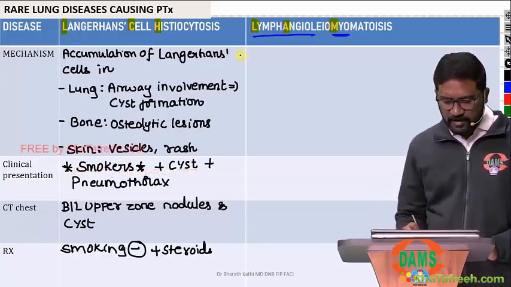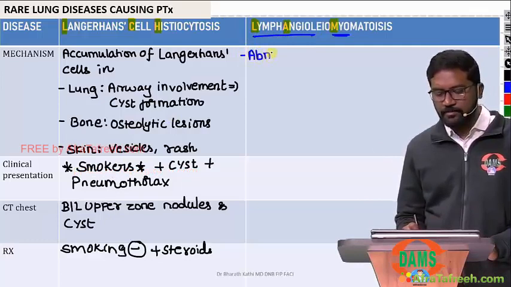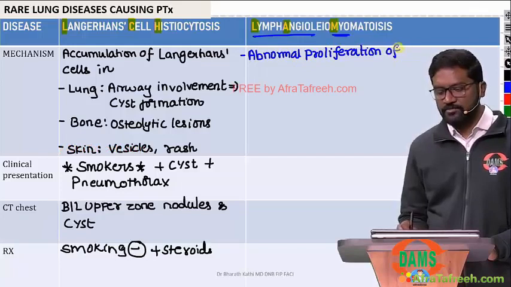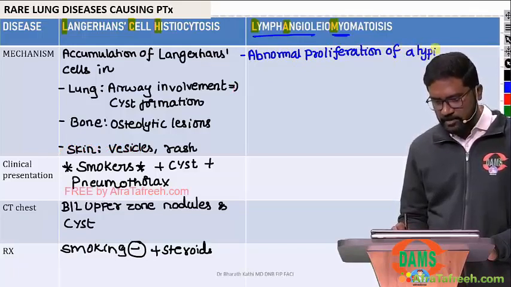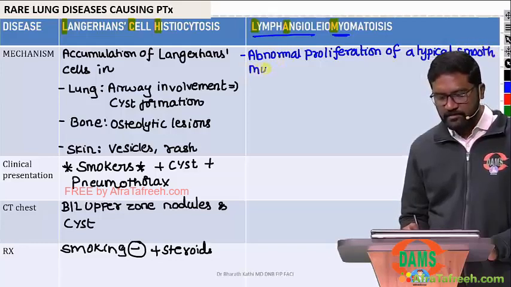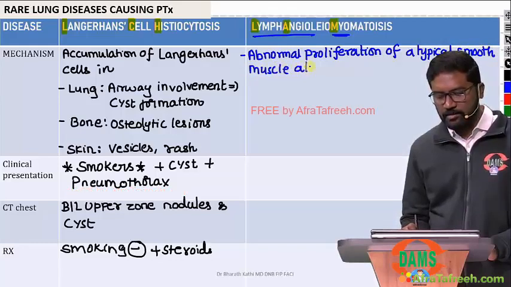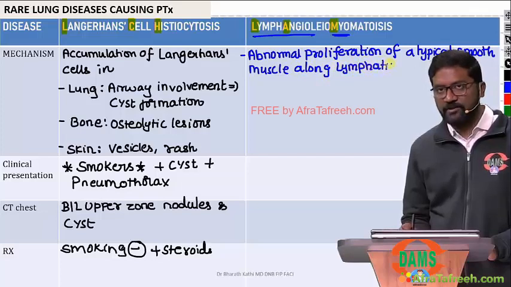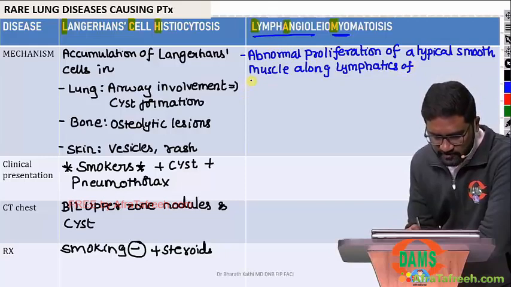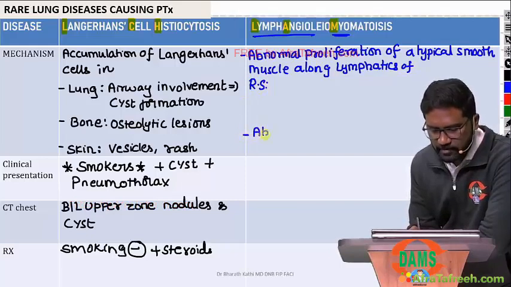So this is abnormal proliferation of atypical smooth muscle cells along the lymphatics and vasculature of your respiratory system primarily, and also within the abdomen.